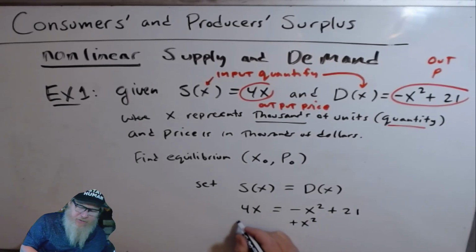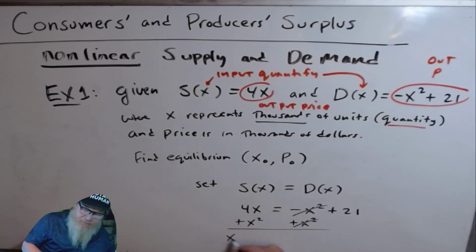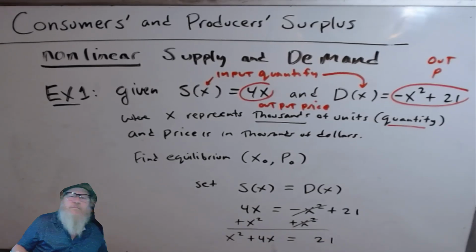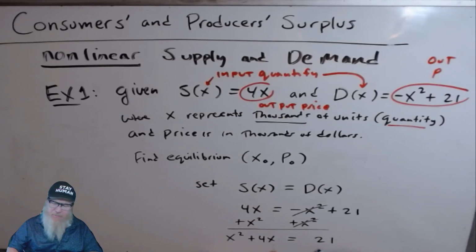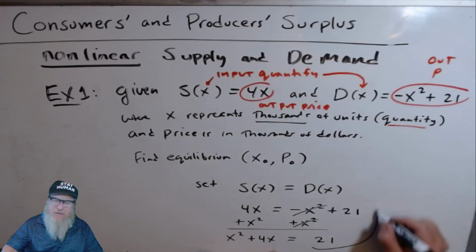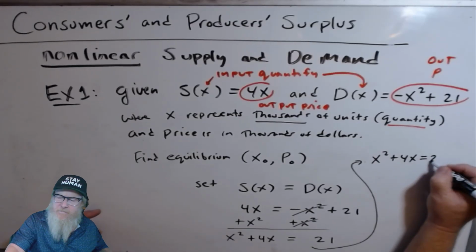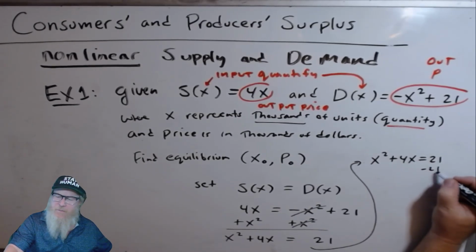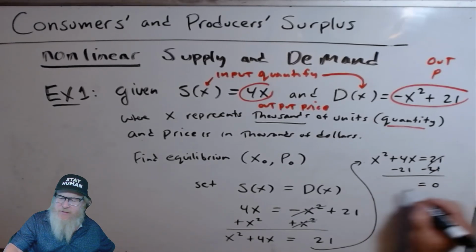Some calculators can do this for you. There are software programs for this. I like to put it in standard descending order. So I get x squared plus 4x equals 21. I'm going to move the 21 over. I probably could have done that all at once, but I'm just getting started today.